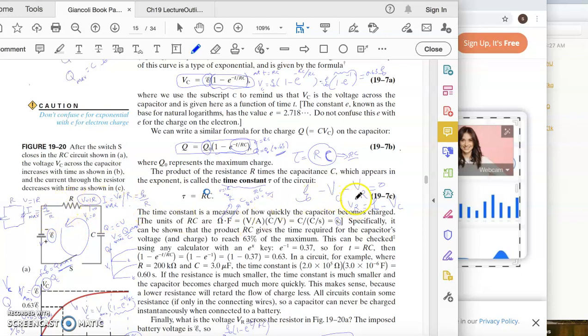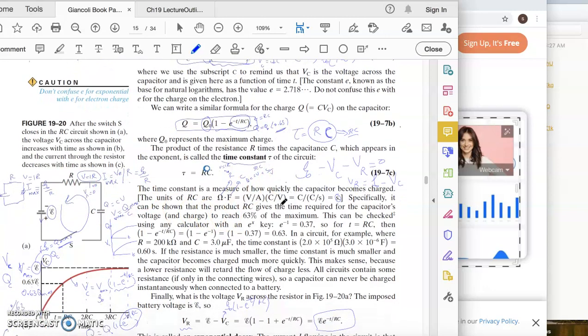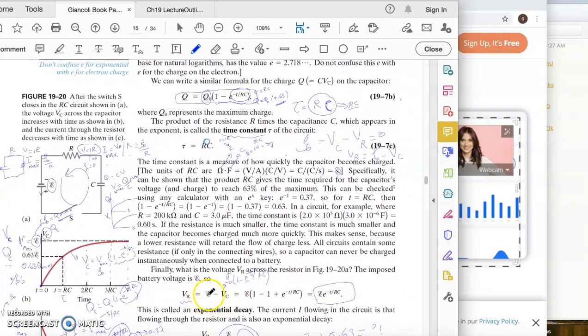You just need to know Kirchhoff's rule on a closed loop: epsilon, the voltage drop across the capacitor, the voltage drop across the resistor. So if this is increasing, this is decreasing, and you don't really need to memorize anything. It's epsilon minus V across the capacitor, and it's equal to epsilon times exponential to the minus t over tau. I hope that I made it clear so far.